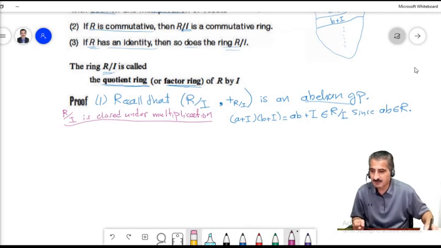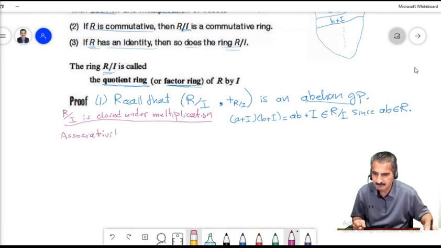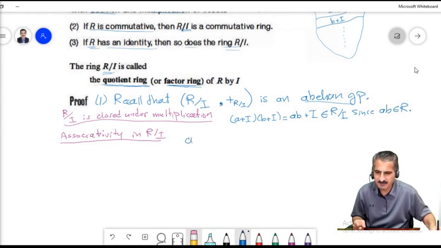We want to prove now associativity in R over I, associativity of multiplication. So let us see, if we want to multiply a plus I with b plus I, which is multiplied by c plus I, and see what we get.